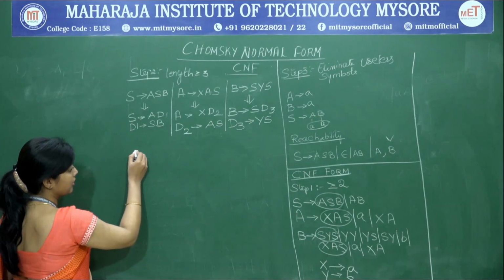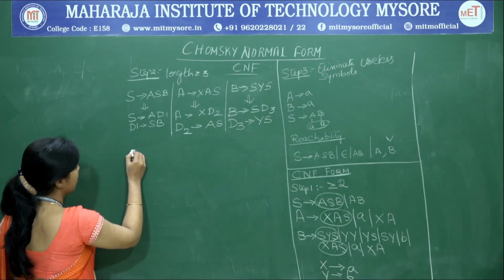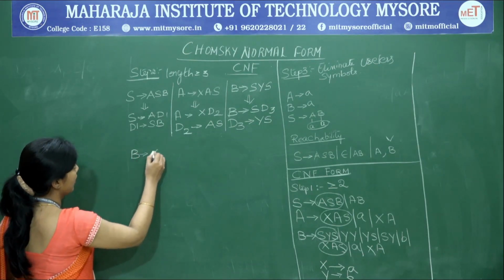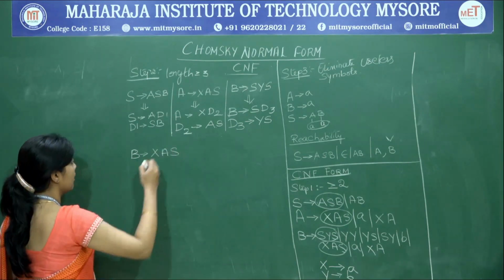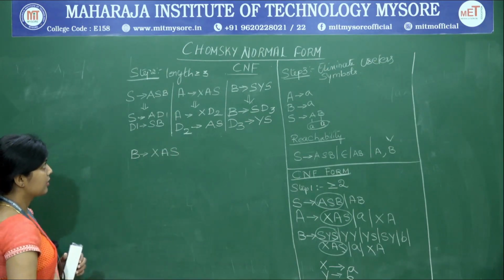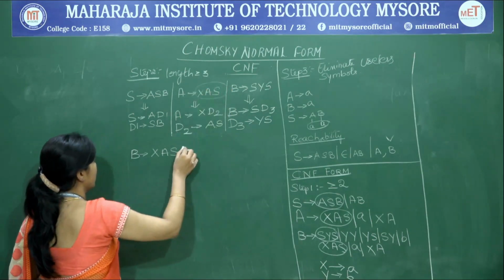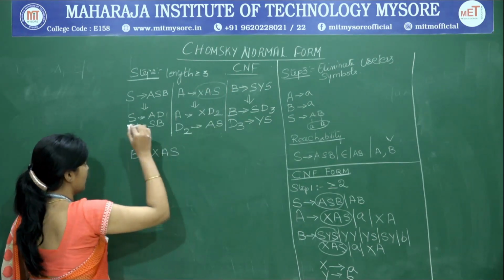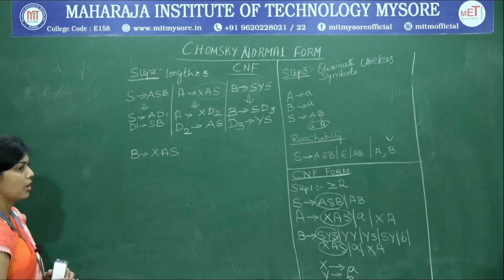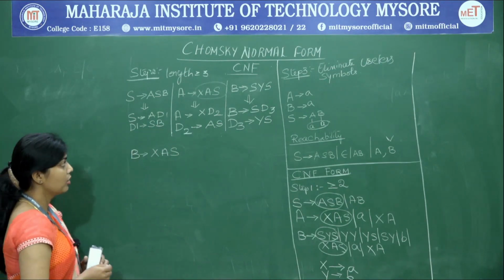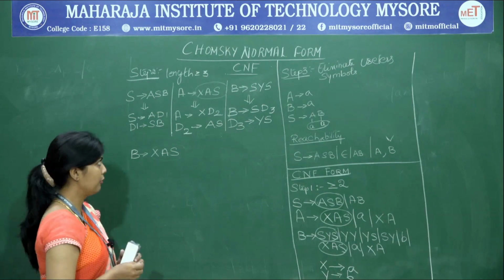And next we are going to consider B goes to XAS. Since we already have XAS and we have already done some substitutions for XAS, there is no need to introduce a new variable D4.